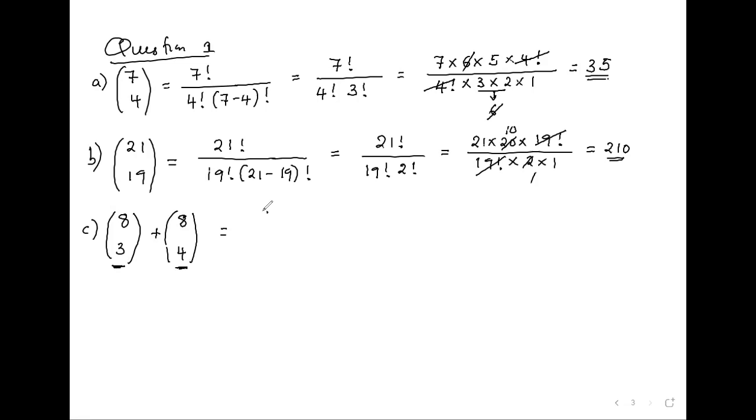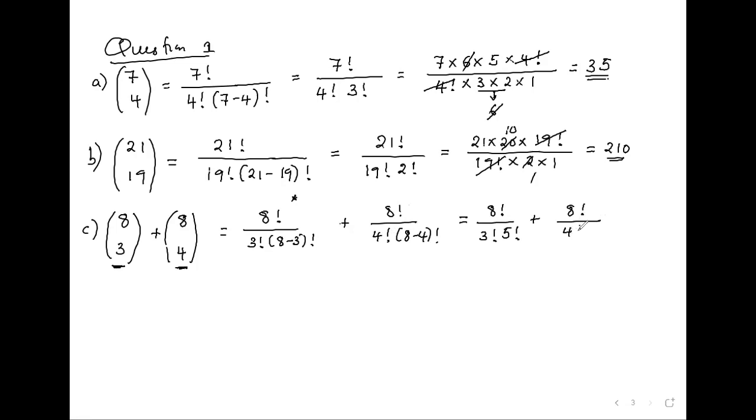Which is 8 factorial for the first value, 3 factorial, and then 8 minus 3 factorial, plus 8 factorial, 4 factorial, and then 8 minus 4 factorial, which is 8 factorial, 3 factorial, 8 minus 3, 5 factorial. So I'm doing this one. And then plus 8 factorial, 4 factorial, and 4 factorial.